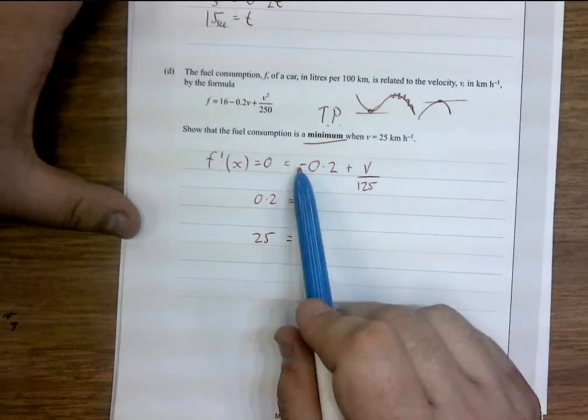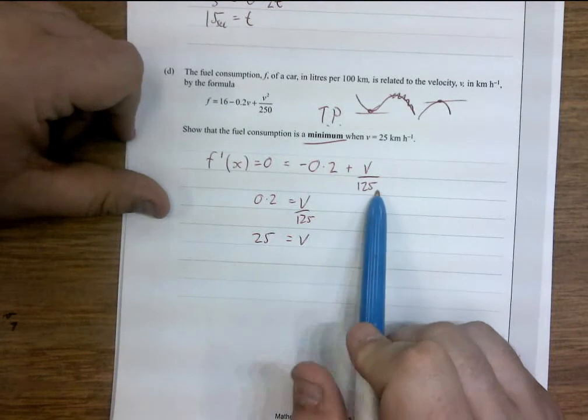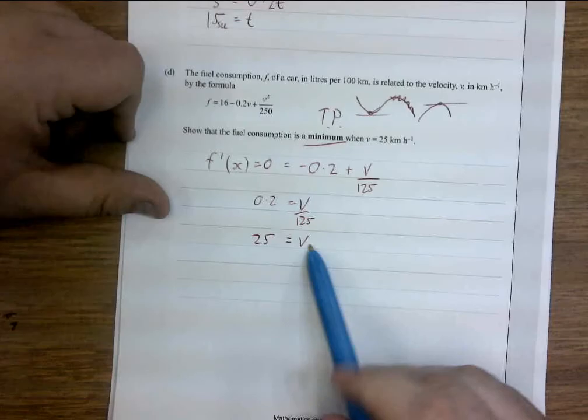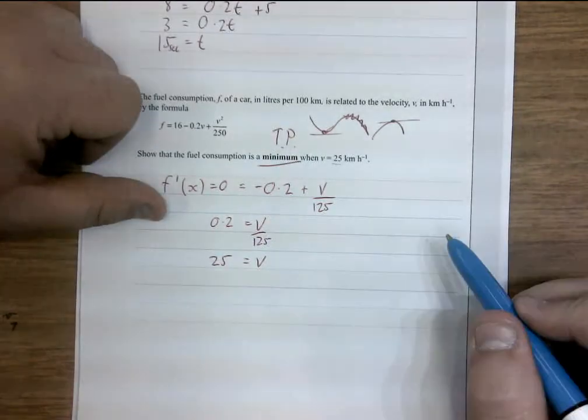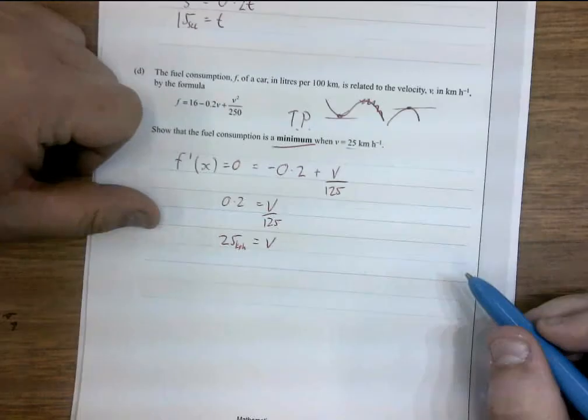So negative 0.2 plus v over 125 equals 0. Rearrange, solve for v. V is equal to 25 kilometers per hour. Right, we know that is our turning point.